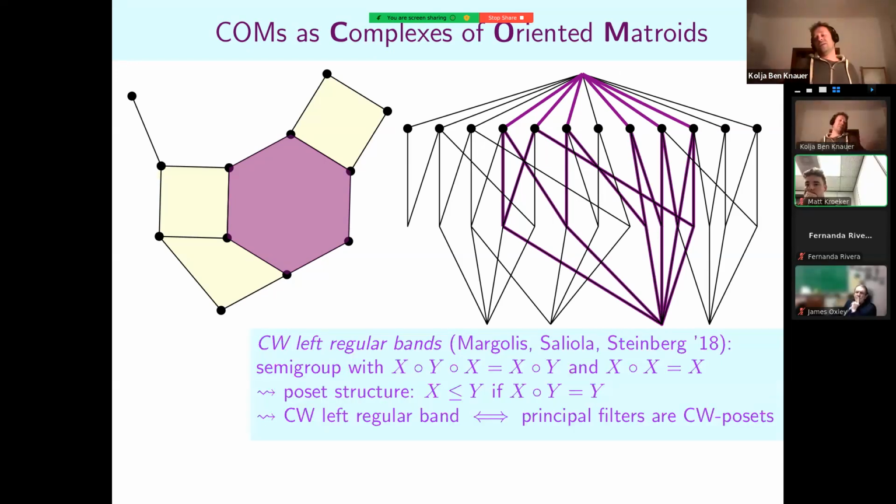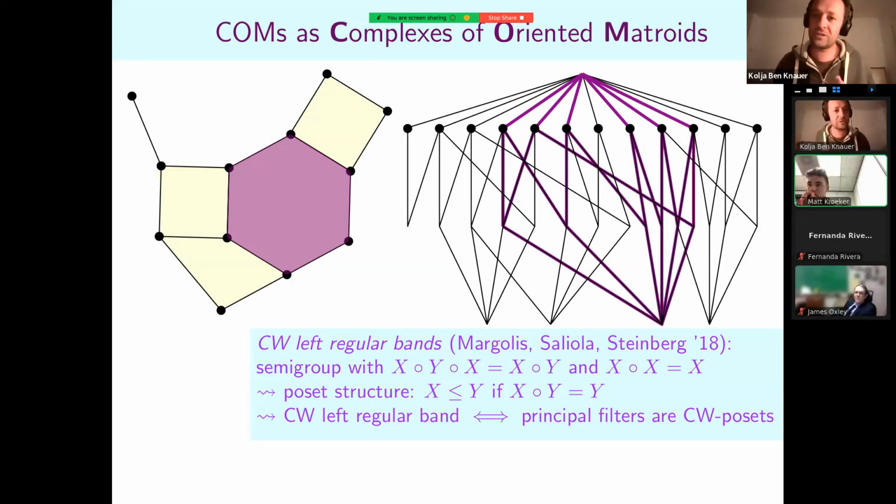In this setting, there was some work after ours, not so recently actually, where some people from combinatorial semigroup theory studied COMs as a special case of what they call CW left regular bands. In our case, this semigroup is just the composition operation. It's an associative operation, and you can define the order through it.